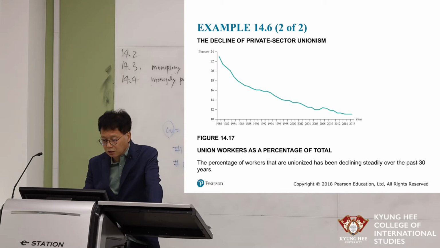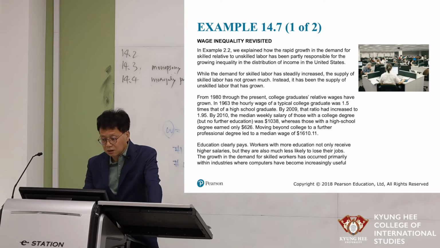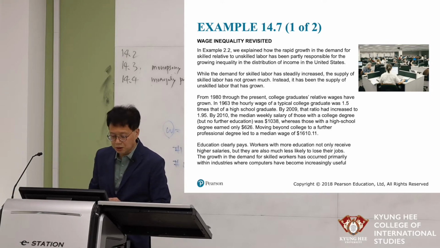Anyway, the decline of private sector unionism, figure 14.7, we can show union workers as a percentage of total, showing a decreasing trend over the past 30 years, decreasing and decreasing. Right? Now we go to the final slide, example 14.7, wage inequality revisited.